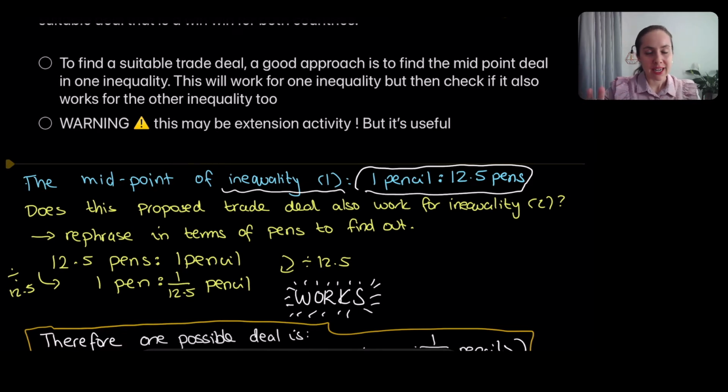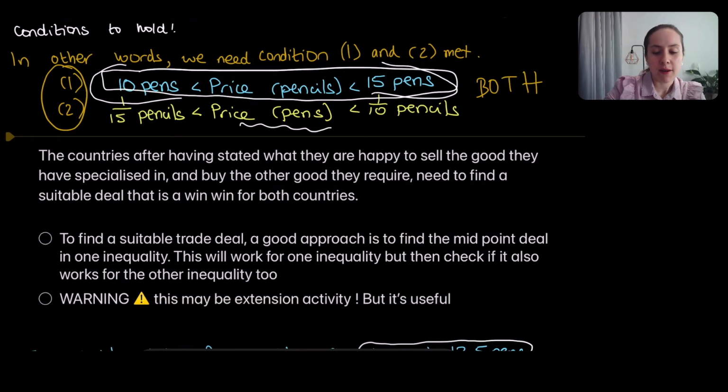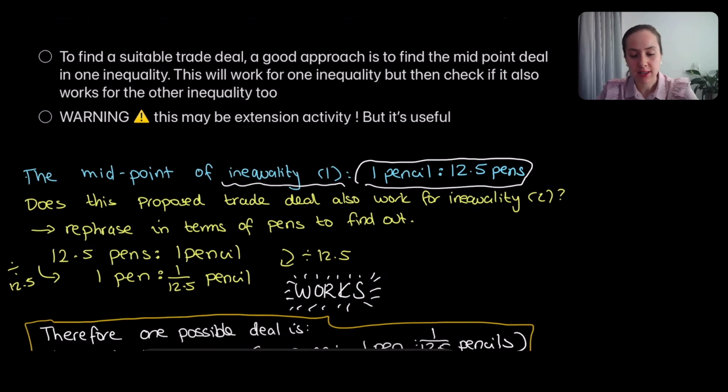And just to be clear, I'm not making a new exchange deal. I'm going with the same one. It's still 1 pencil, 12.5 pence. But for me to check if it works for inequality 2, I need to phrase it in terms of a pen. So I'm going to take the same deal, the same 1 pencil, 12.5 pence. I'm not changing that. I'm just going to phrase it in terms of 1 pen.